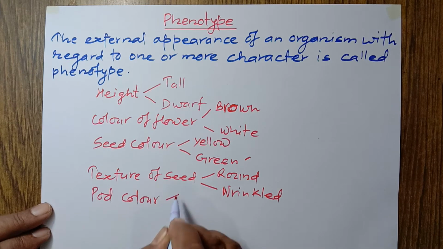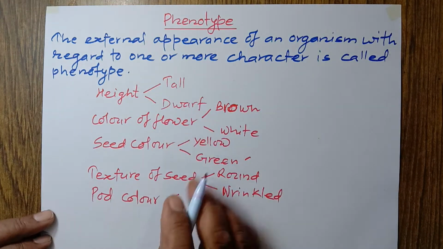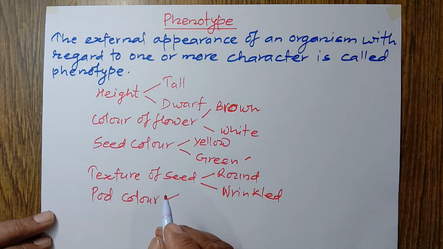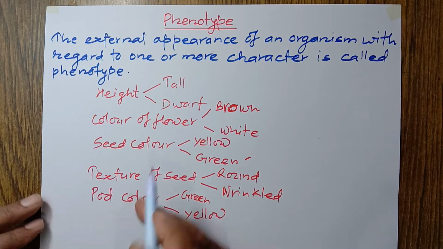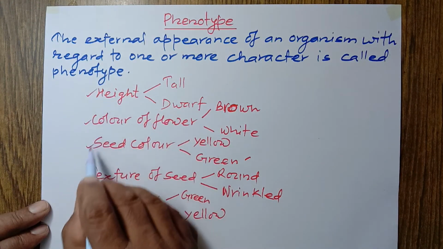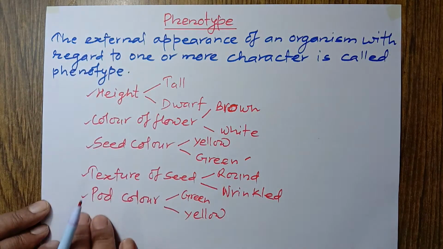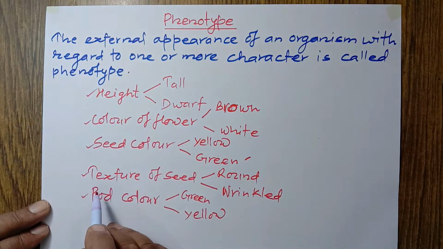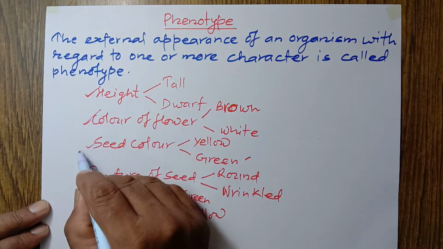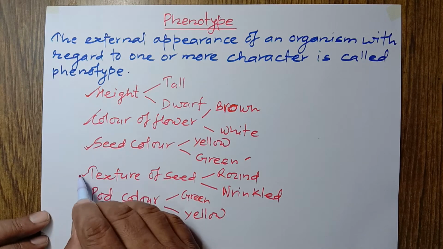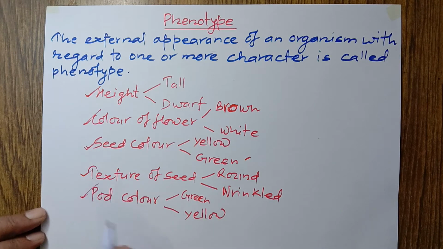In one type of pea plant, the pod color is found green, but in another it is found yellow. What are these exactly? We are talking about the characters of the pea plant: height, color of flower, seed color, texture of seed, pod color, etc.